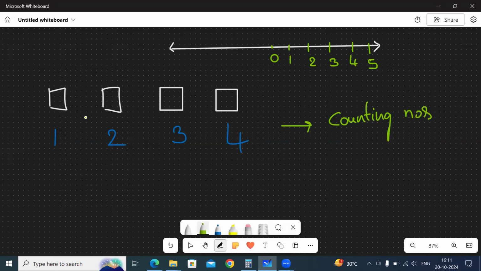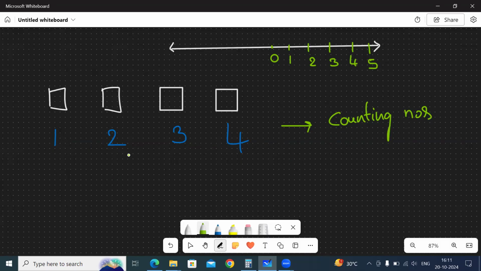If you are counting any objects with 1 and marching towards the right of it, like 1, 2, 3, and so on, it can be called counting numbers.